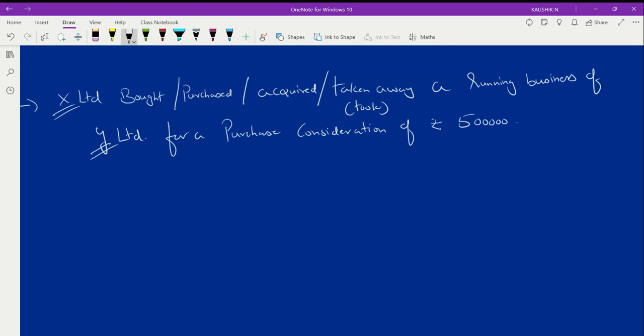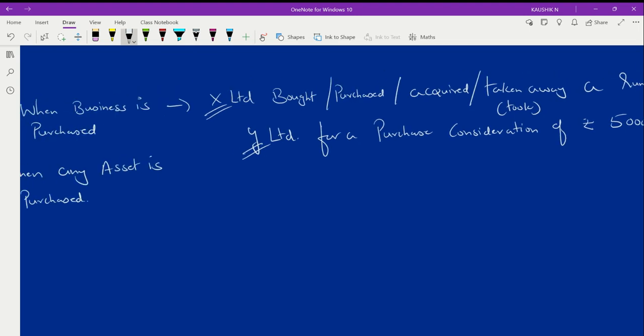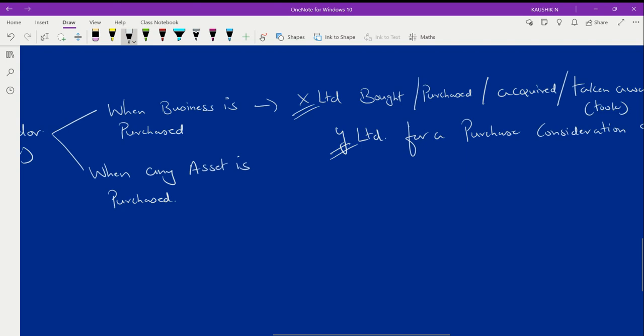So here you are getting the business of Y Limited by paying 5 lakhs as a purchase consideration, and you'll also take away the assets and liabilities of that company. This is the first case. We'll see the problems; when we deal with the problem under this category, you will come to know what needs to be done and how to proceed.